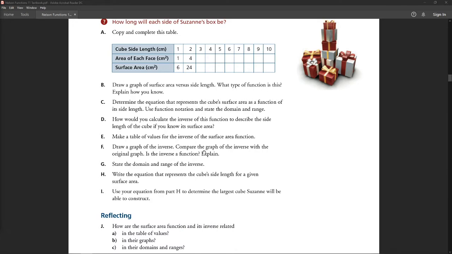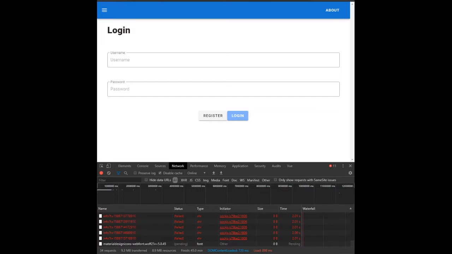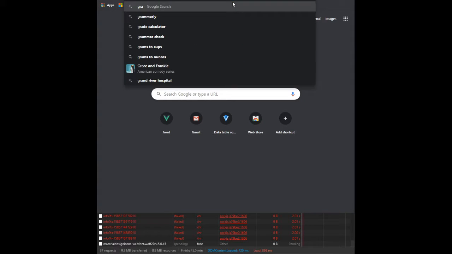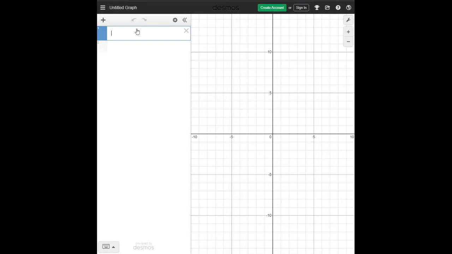Draw a graph of the inverse. Compare the graphs of the inverse. So I think I'll use a graphing tool.